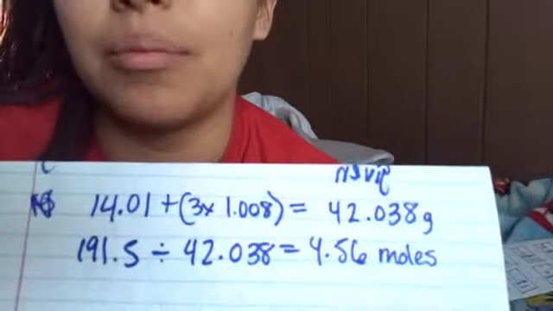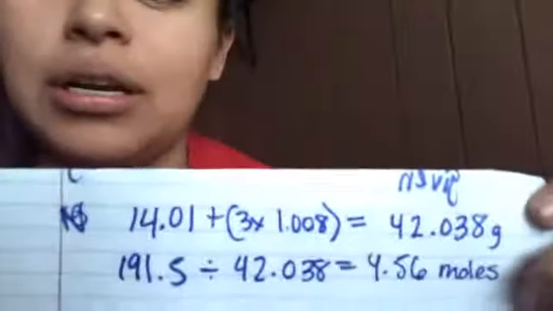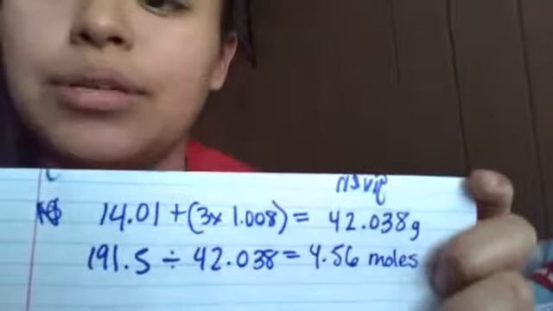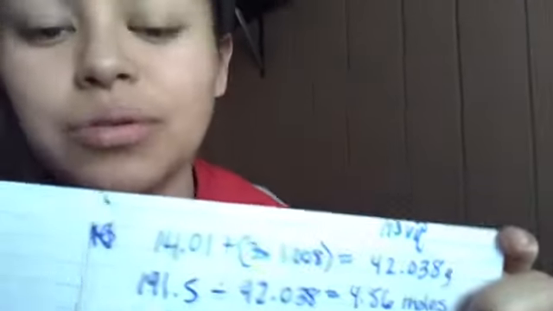So again, with what the question asked, it asked for the moles in 191.5 grams. So for that, you would have 191.5 divided by 42.038, which would give us an answer of 4.56 moles in the 191.5 grams of ammonia.